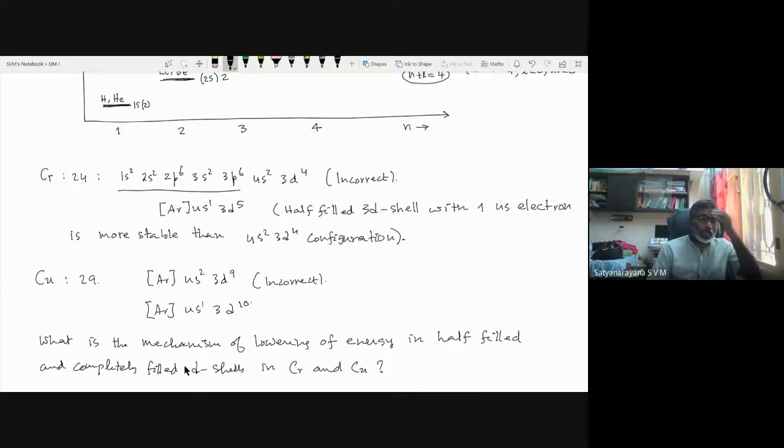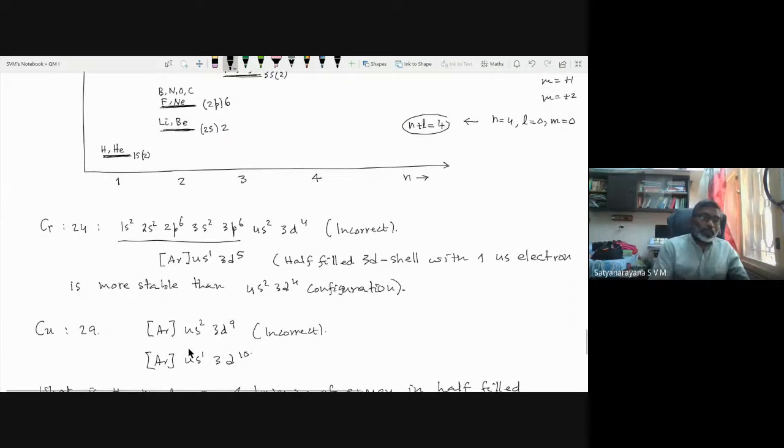This question is interesting, and we require to understand the mechanism. This is one question which, with the quantum mechanics that we have learned so far, we are not able to answer.